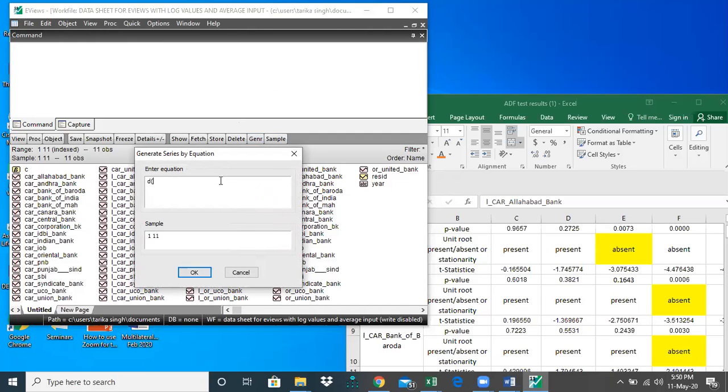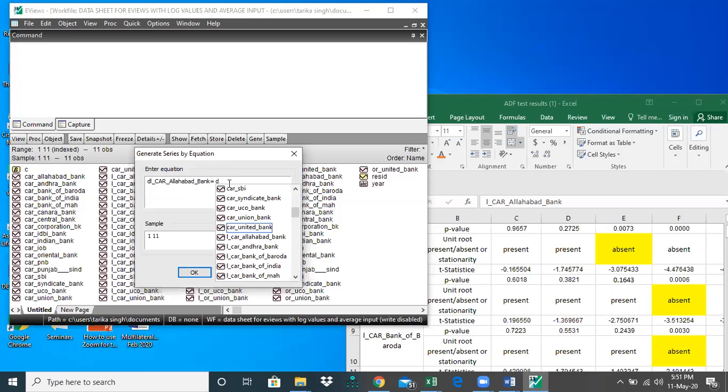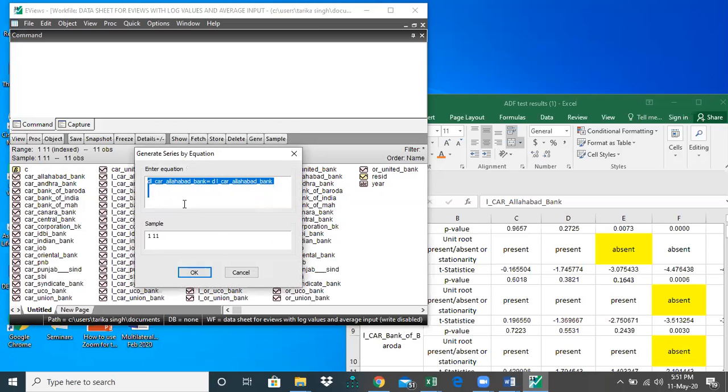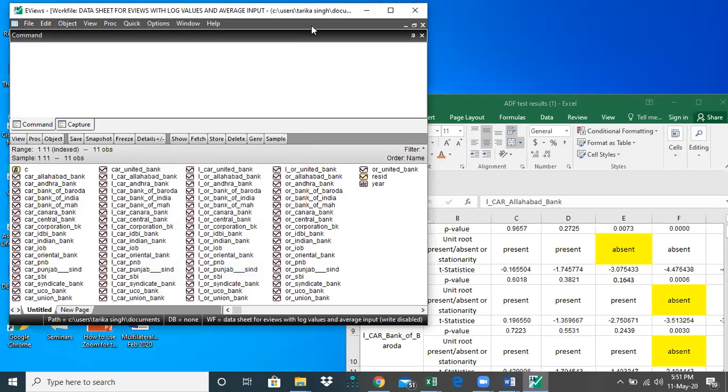I'll write the name of the series, and rather than writing in bracket, I'll name it this, and equals to d of... Okay, d is not defined, so I'll cancel it.